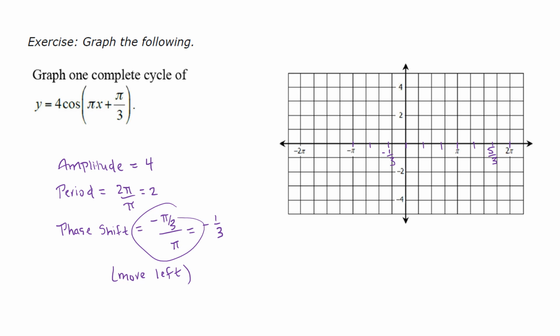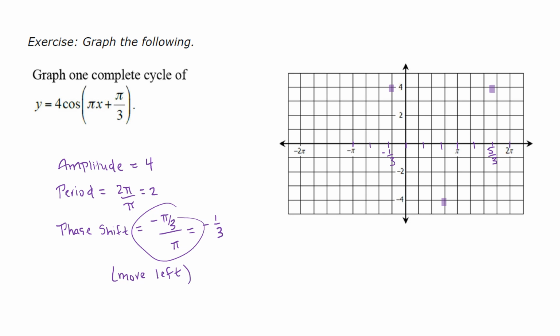All right, now let's plot some points. Okay, so negative 1/3, we're going to start at our amplitude, which is going to be 4. And we know we must end at 4. So the halfway mark must be negative 4. And then we know in between the halfway and the 2 endpoints must be 0.